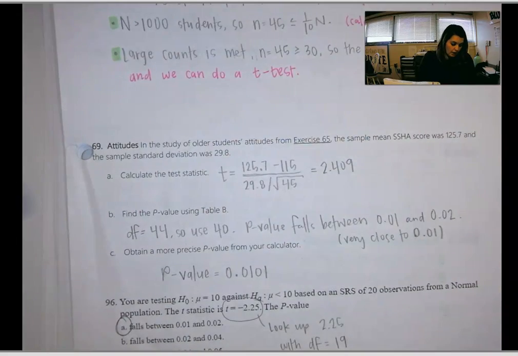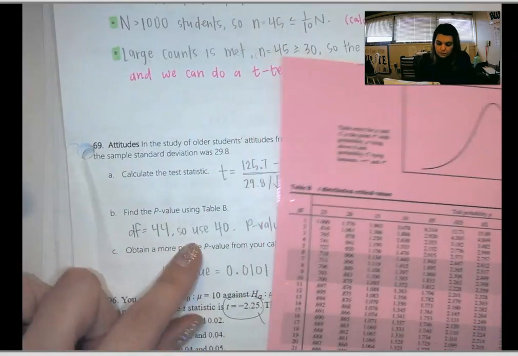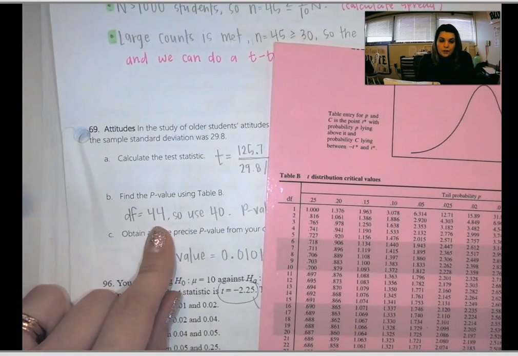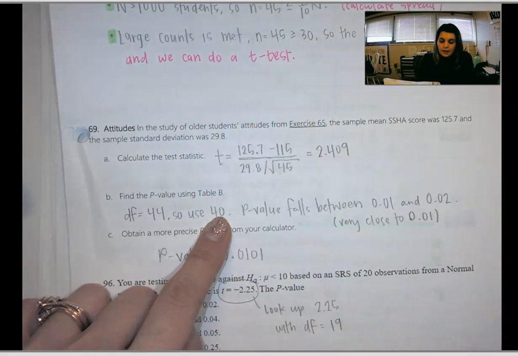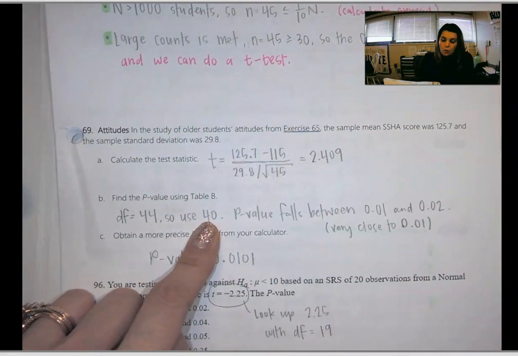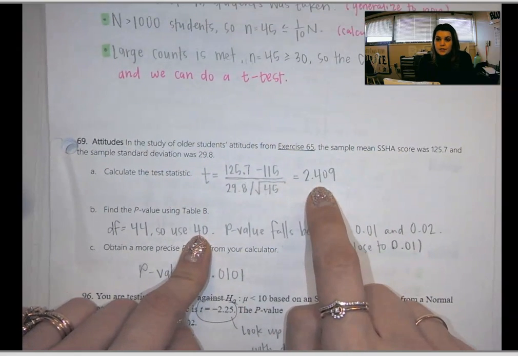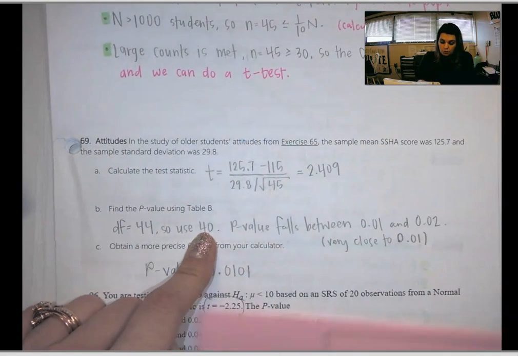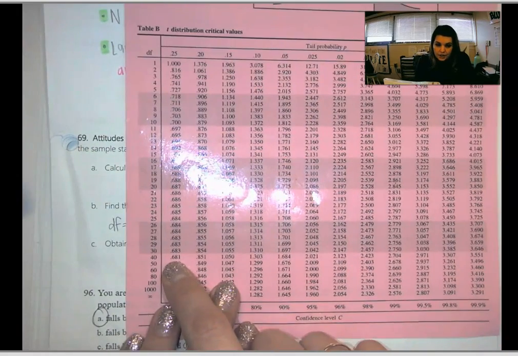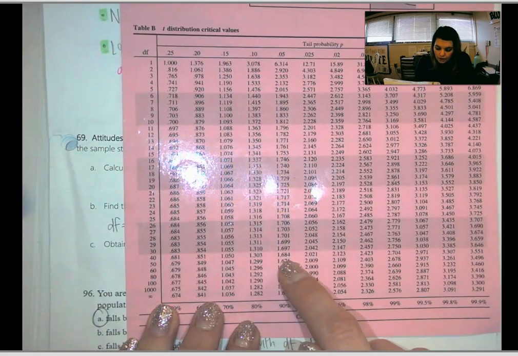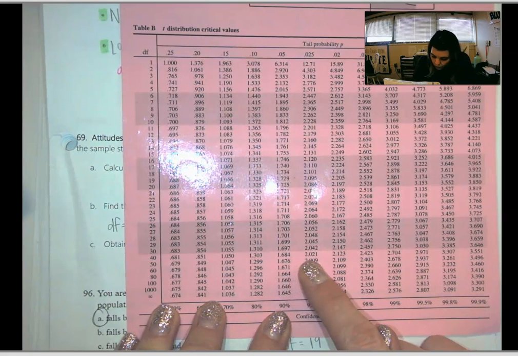So now I'm going to get the range from my table. There is no 44 on our pink table, so I'm going to use 40, and I am looking for what two values 2.409 falls between. So I'm going to row 40, it's right underneath a gray section, and I am looking for 2.409.